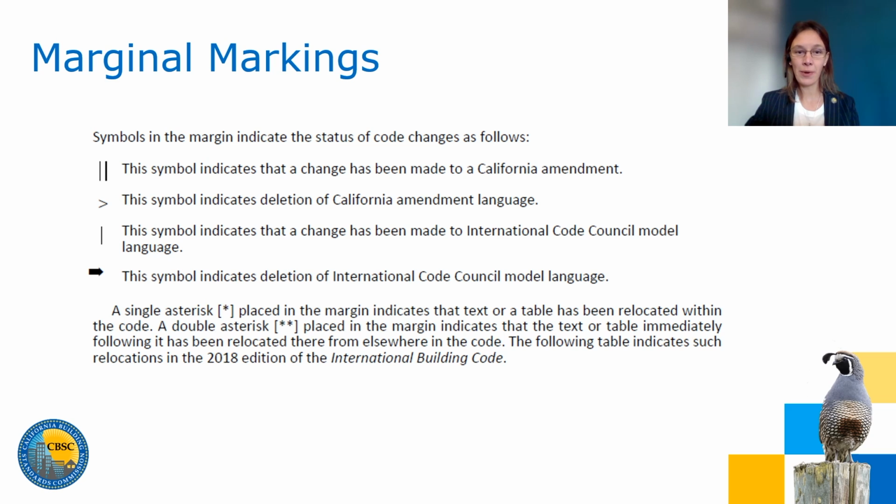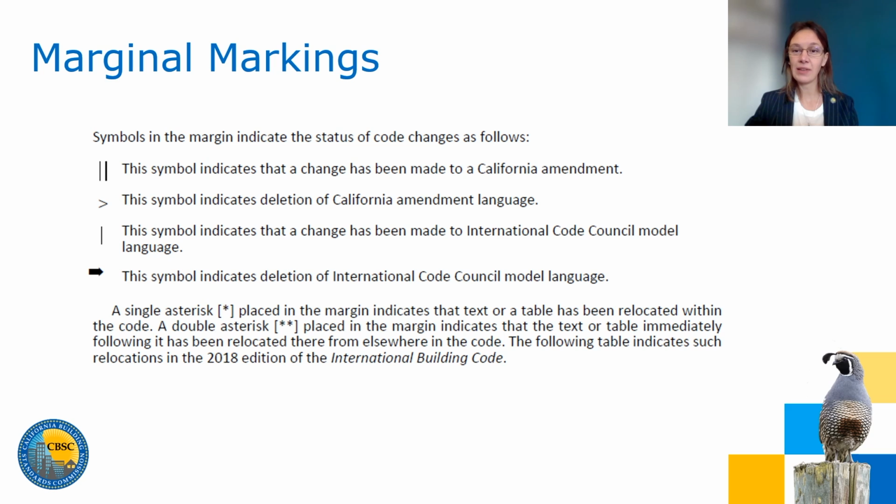ICC, IAPMO, and NFPA use slightly different margin marks in the codes they publish. For example, in the ICC published codes shown on this slide, vertical lines indicate where changes have been made to the code language since the last publication.